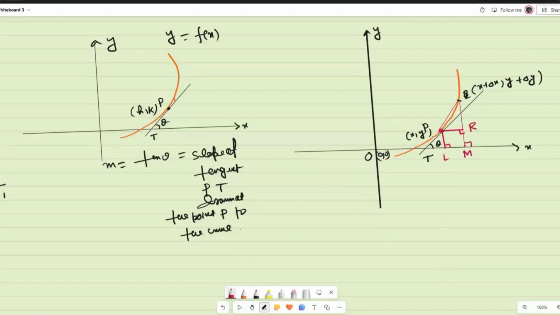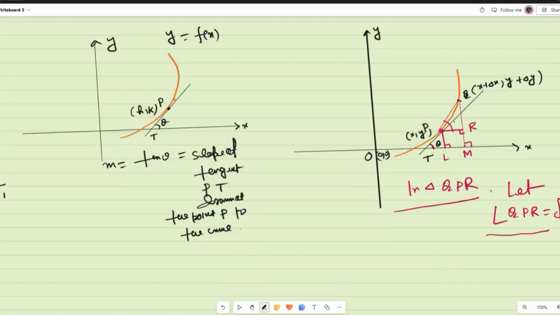Obviously, in triangle QPR, this angle is not equal to this angle. Let angle QPR be equal to phi. We assume that this angle is phi.